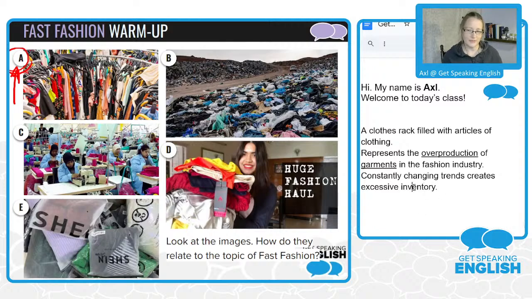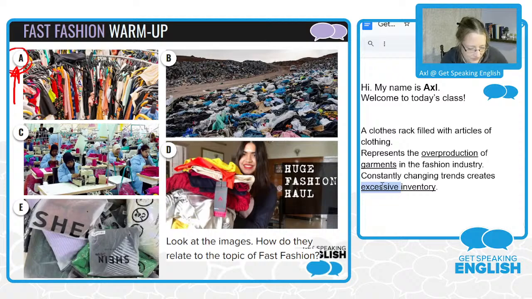Inventory is basically the collection of things that a shop would sell. Anything that's at a store would be the inventory, and people can come in and buy that. But obviously fast fashion causes us to create too much excessive inventory. There are so many things, you can't possibly buy all of it. So as a result, a lot of it ends up in landfills and things like that.